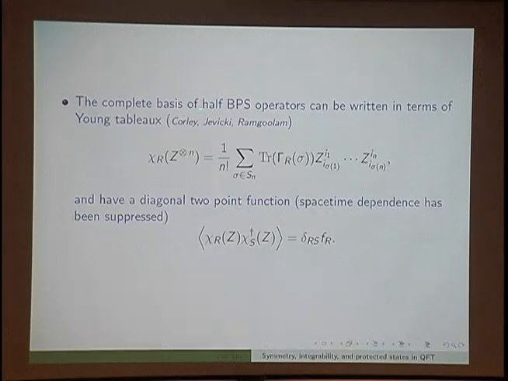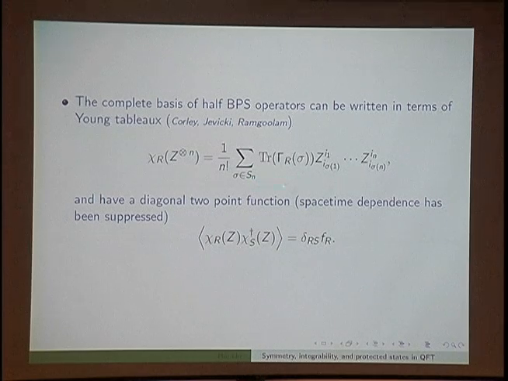And these half-BPS states can also be labeled by using the symmetric group. And this is the Schur polynomial, where the i1 and i sigma 1 are the indices for the matrix Z, and sigma is the element of the permutation group Sn, where n is the number of fields.